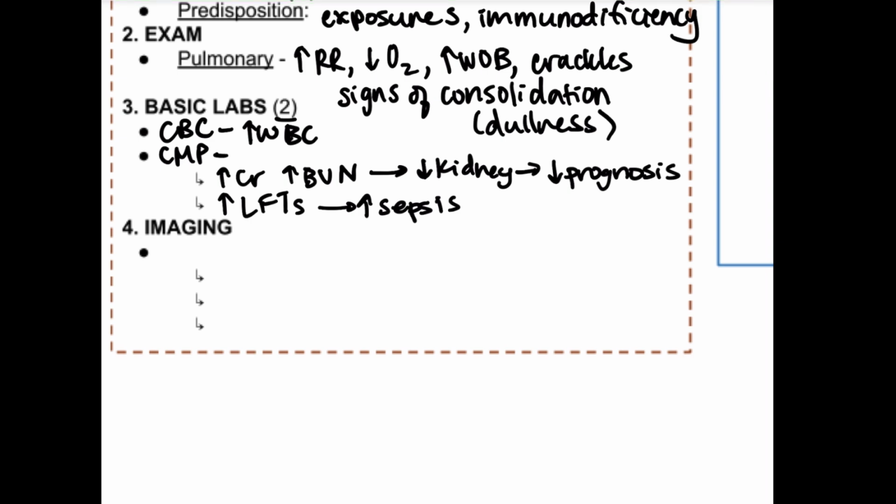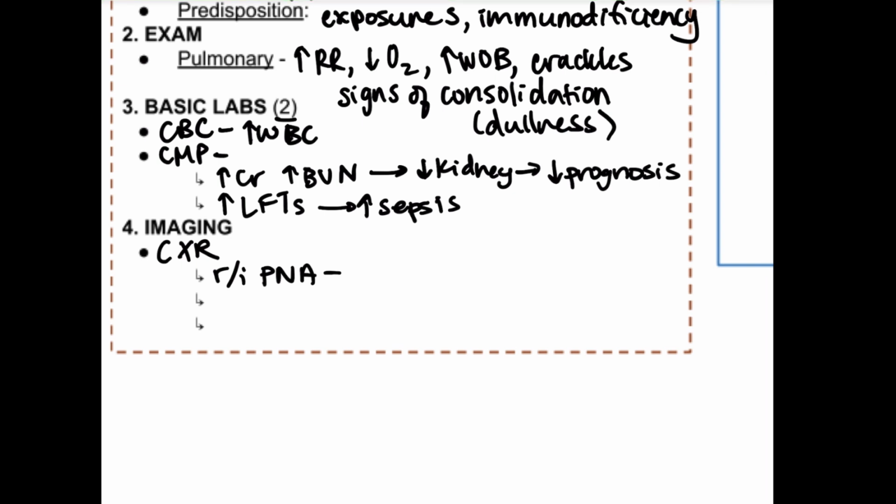What is the one imaging modality that we think of when we are concerned about pneumonia? In my book, it's a chest x-ray. And what are you looking for on that chest x-ray? Well, I think we can think about it in 3 buckets. We want to think about things that will help us rule in pneumonia.